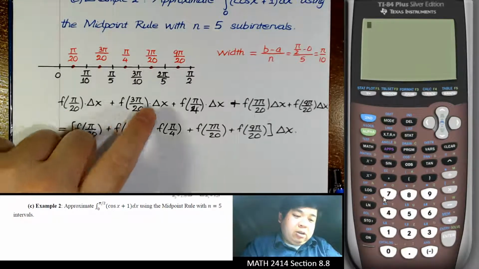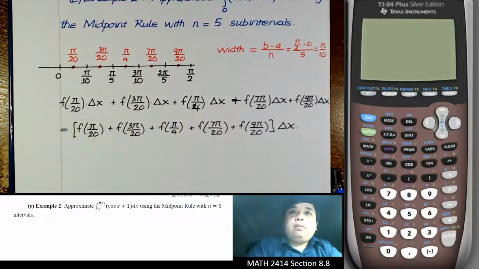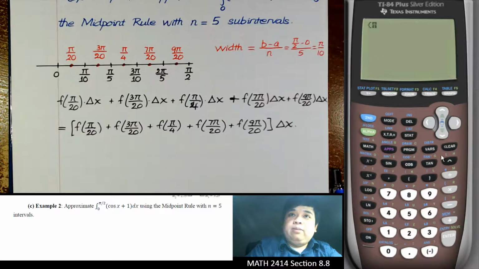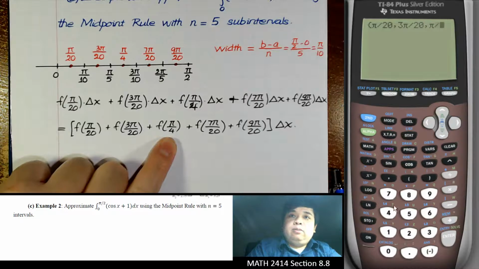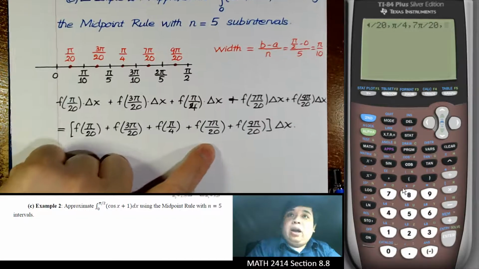Now we enter the values. Open parentheses, pi over 20, 3 pi over 20, 5 pi over 20, which is pi over 4, and 7 pi over 20, and 9 pi over 20.